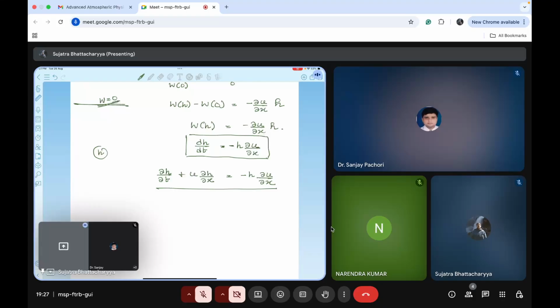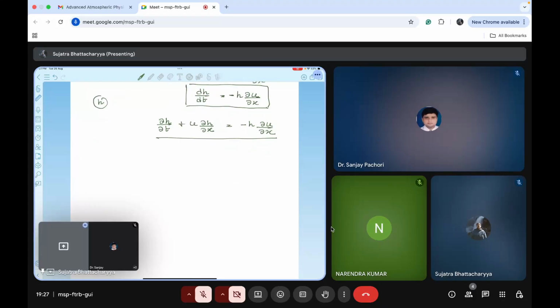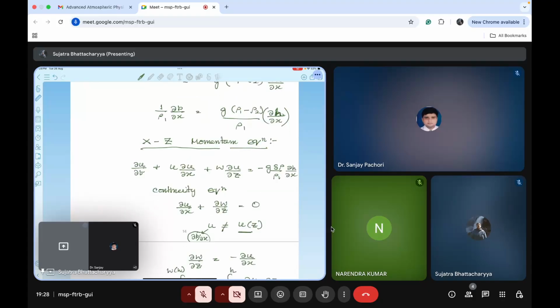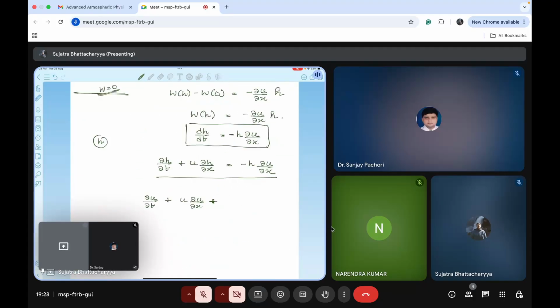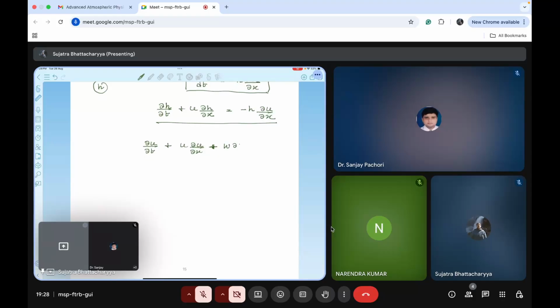So what we will have is two equations. One is delta u delta t plus u delta u delta x, and since u is not a function of z, the w delta u delta z term we will skip, as it will be 0.